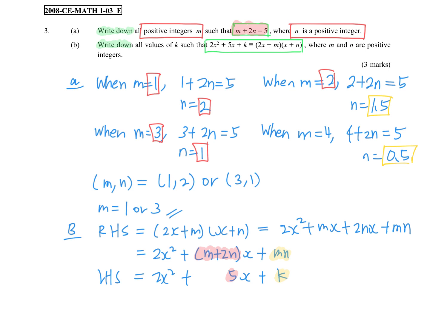They are related. So for what values of m and n would the sum m plus 2n equal 5?